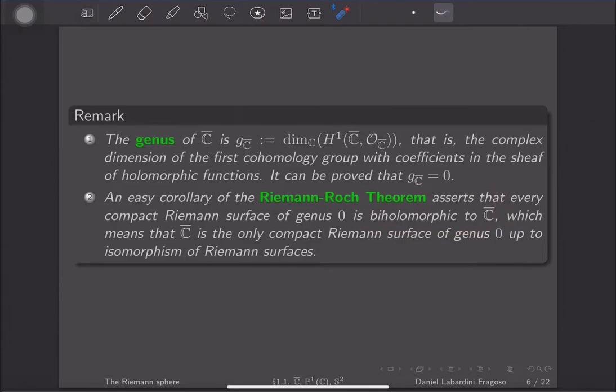So there is a bijective holomorphic function from that Riemann surface of genus 0 to C bar, with holomorphic inverse. And all this means is that with the extended complex plane, what we have done is precisely find the unique Riemann surface of genus 0. Okay.